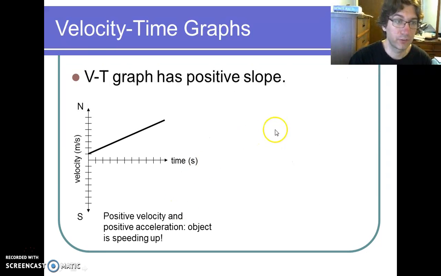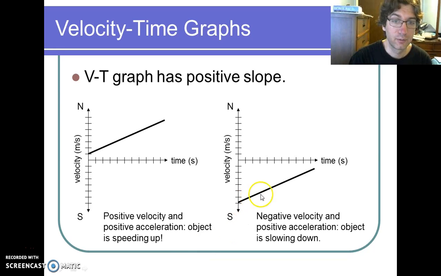Here we got one with a positive slope. You'll note that it is in the north area. My velocity over here will be positive numbers. I am having a constant slope, therefore I have a constant acceleration, and therefore my object is speeding up. Over here, I still have a constant slope, therefore a constant acceleration.